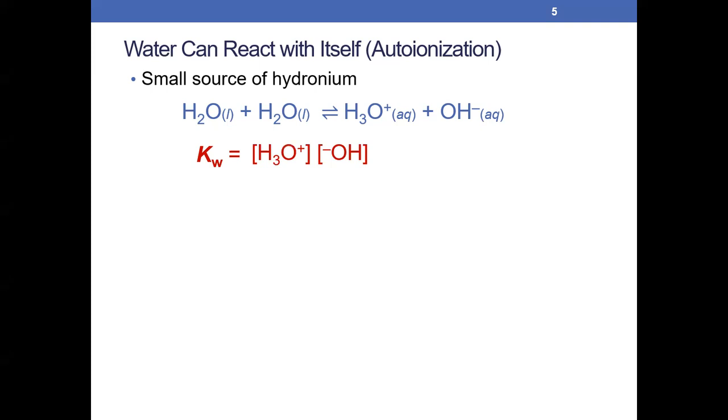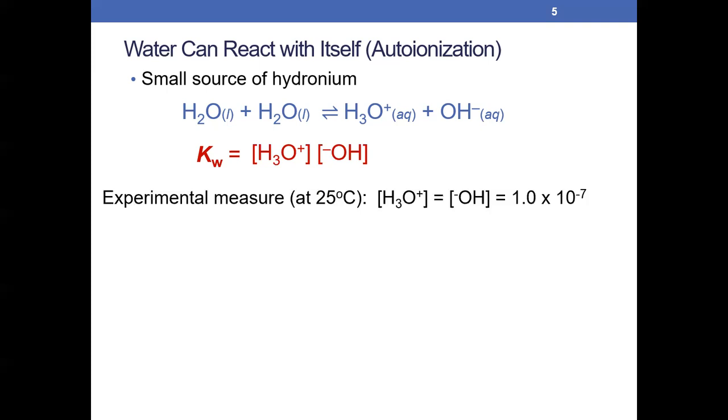My equilibrium constant expression, K, and we use the subscript W to indicate that this is the K for water, is the concentration of H3O plus times the concentration of OH minus. As we just discussed, we don't create a lot of base or acid in pure water, so this number is very, very small.